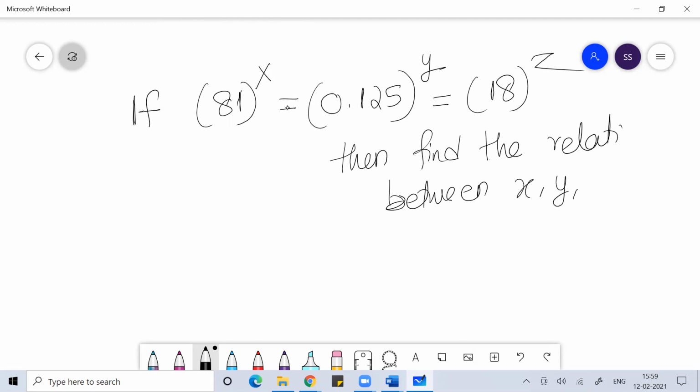Find the relation between x, y, and z. This is a very important hypothesis which you can keep in your mind while solving this question.